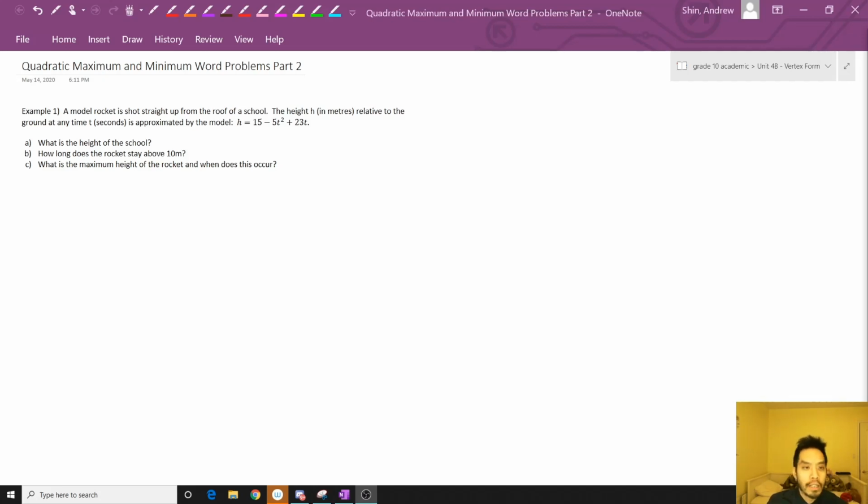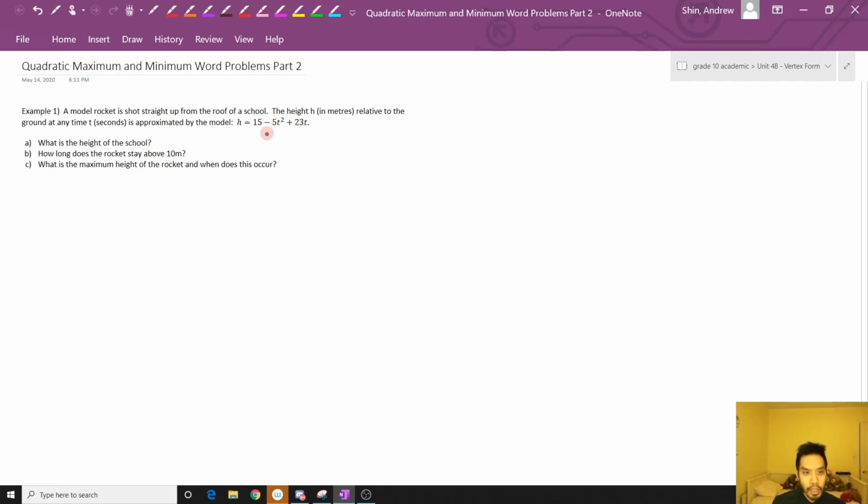And before you even read the next few parts A, B, and C, I noticed that there's something wrong with the equation as listed there. Normally, a parabola or a quadratic is listed in standard form, written in descending order, and by descending order, I'm referring to the exponent.